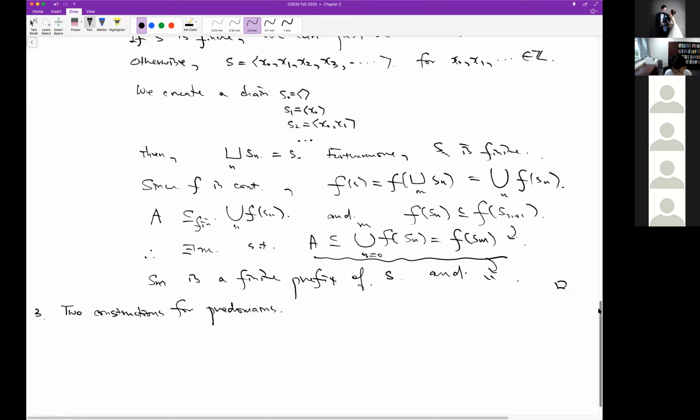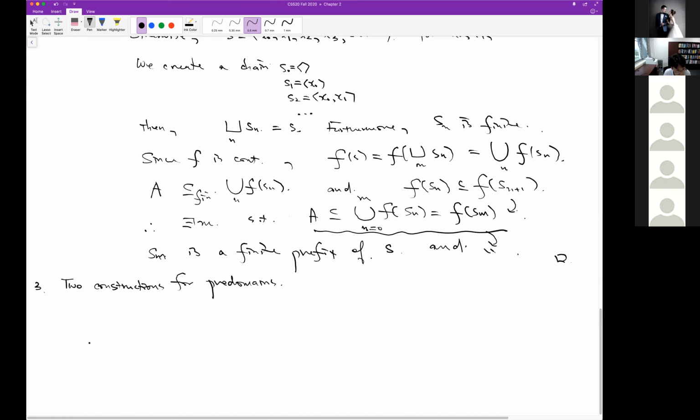What these constructions do is that it's a bit like an operator that takes a predomain and produces a new predomain. So the first construction is the function space.